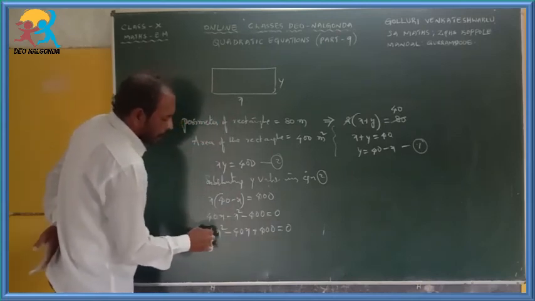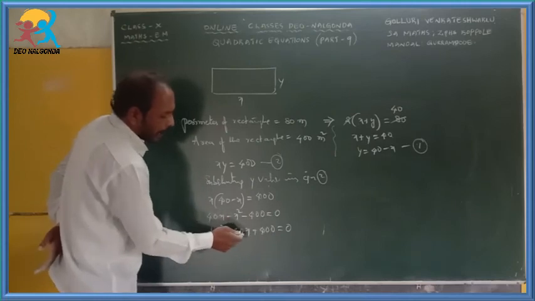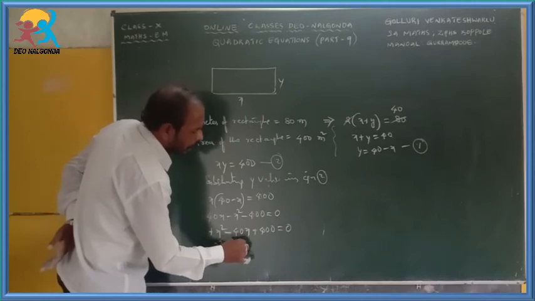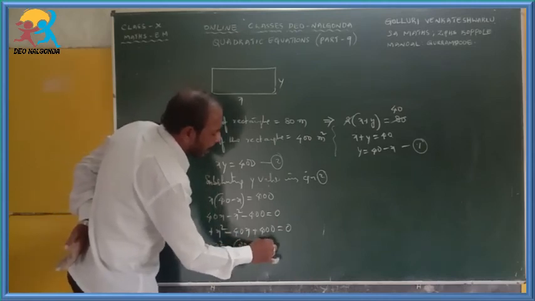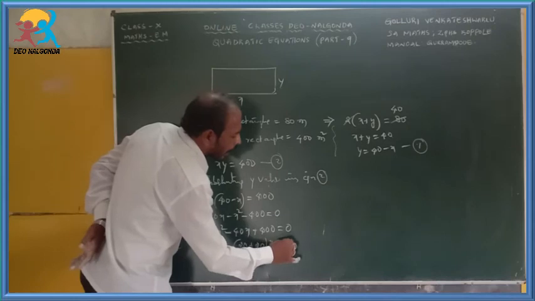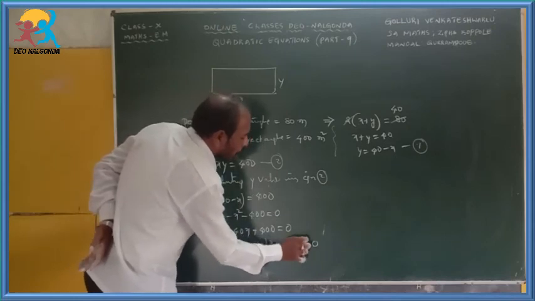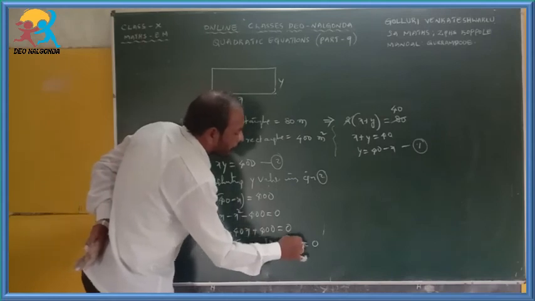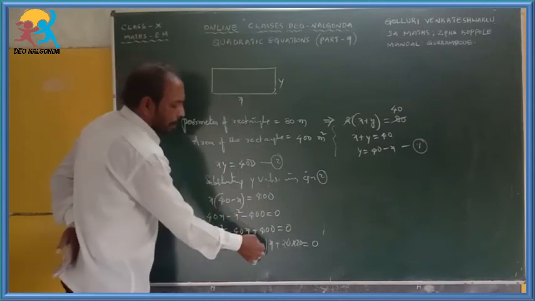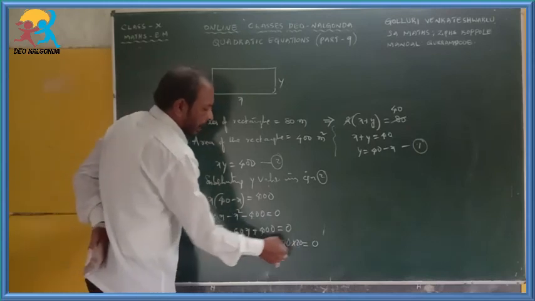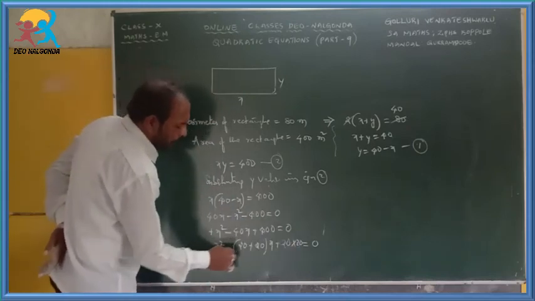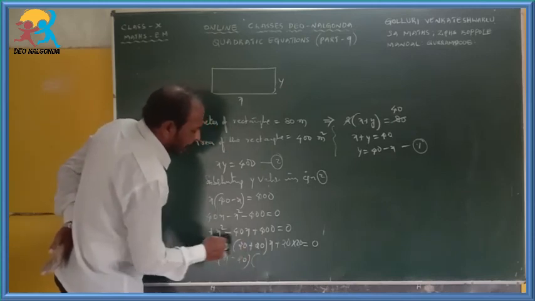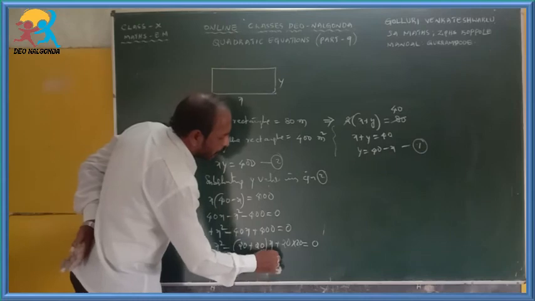So 400 is written as 20 times 20, and 40 is written as 20 plus 20. x minus 20 is the first factor, and another factor, x minus 20, is the second factor.